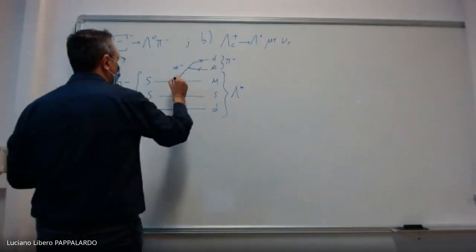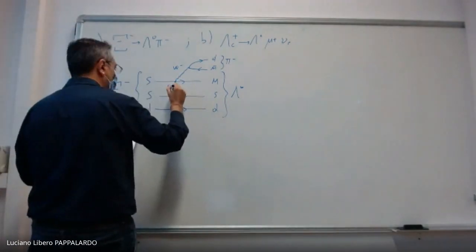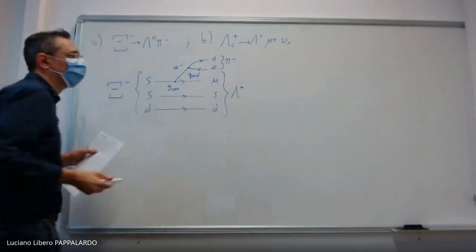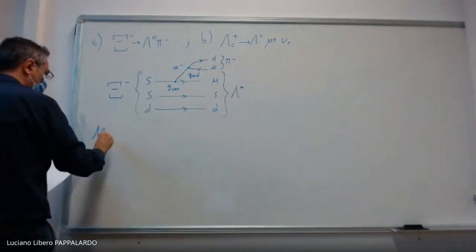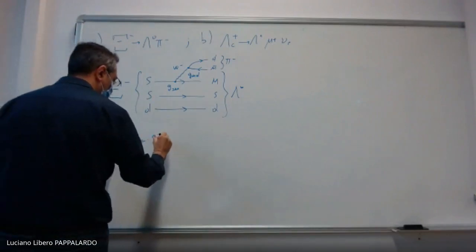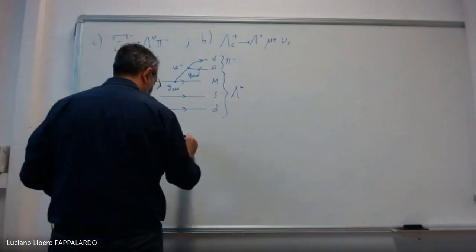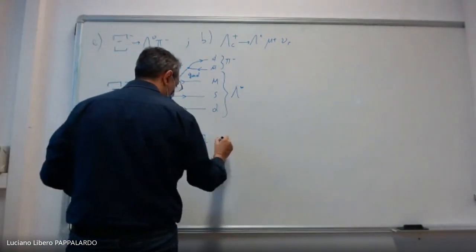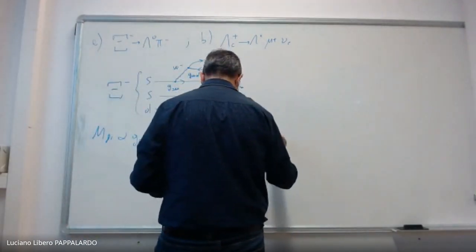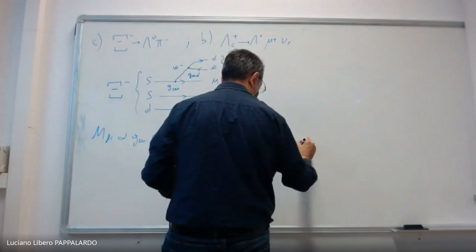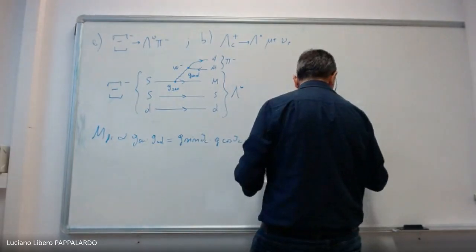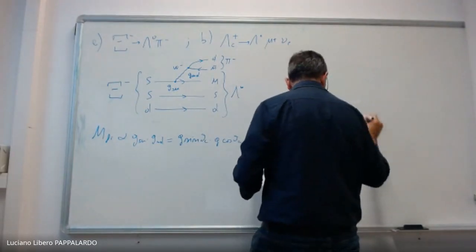So the couplings, here we have a G_su, and here we have a G_ud. So we get G_su times G_ud, that is G sine theta C times G cosine theta C, that is G_F sine theta C times cosine theta C, that is approximately 0.22 G_F.